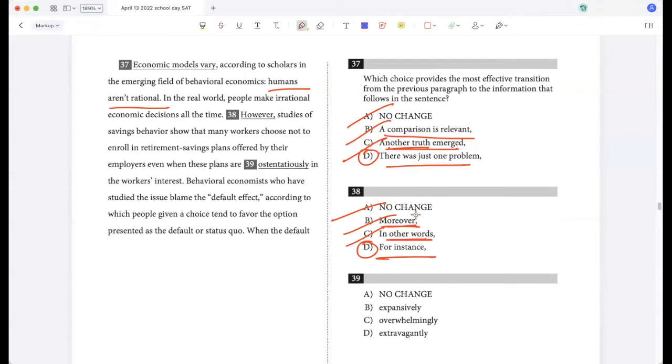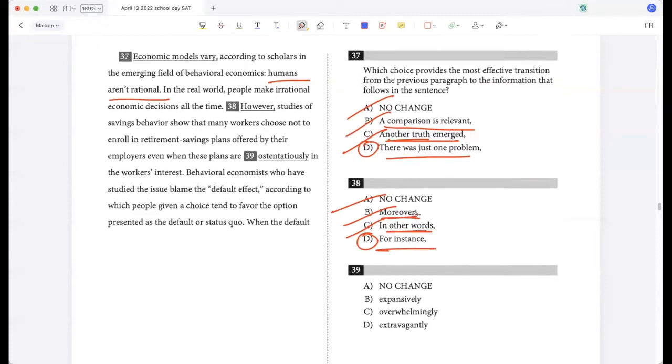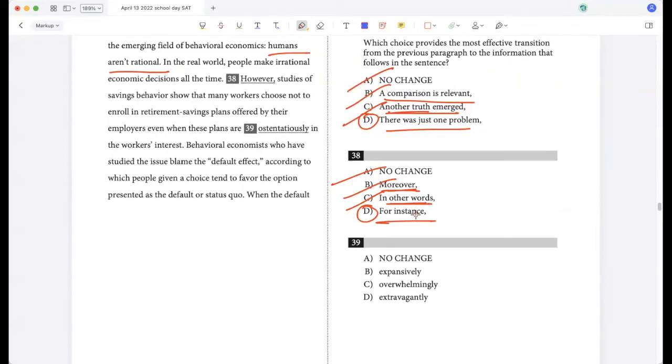Now, many workers choose not to enroll in retirement savings plans offered by their employers, even when these plans are overwhelmingly in the worker's interest, like majorly in the worker's interest. Now, ostentatious means grand and over the top, so that doesn't make sense in the context of workers not enrolling in plans. Expansively would not fit the context here.